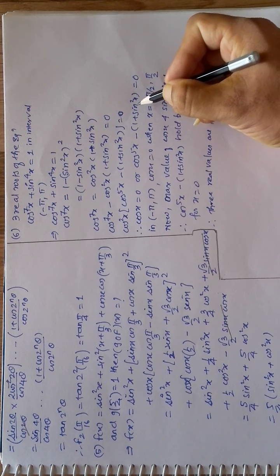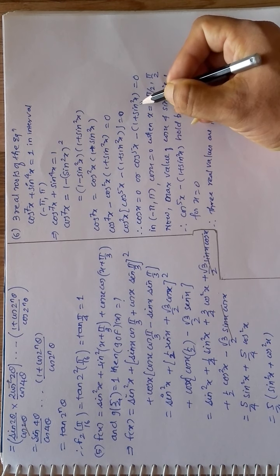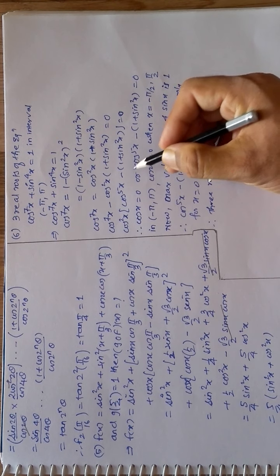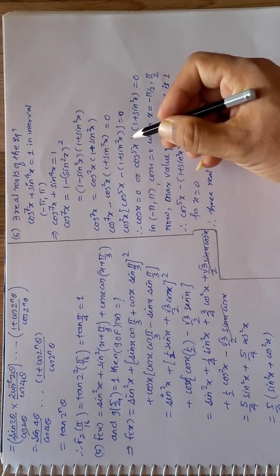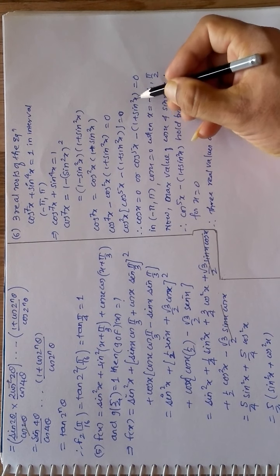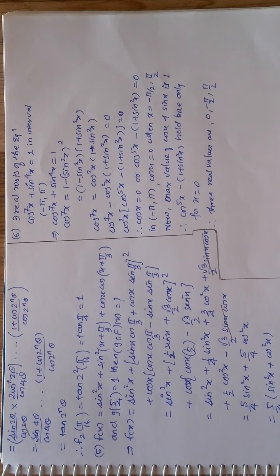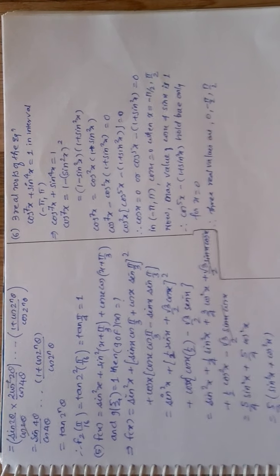So if you take the maximum value of this, that is 1 plus 1, this will not hold true because this will never become 2. Agreed? So the maximum value will be over here, and if this is 1, this must obviously be 0, otherwise this will not hold true. Got it? Very simple. Just go through it once again to understand it in a better way.